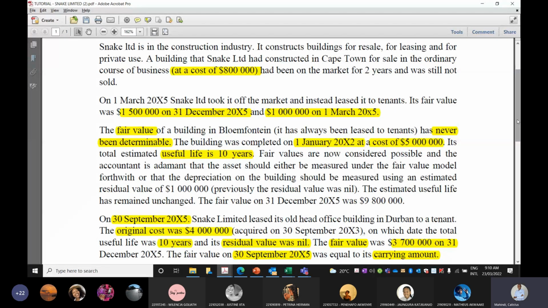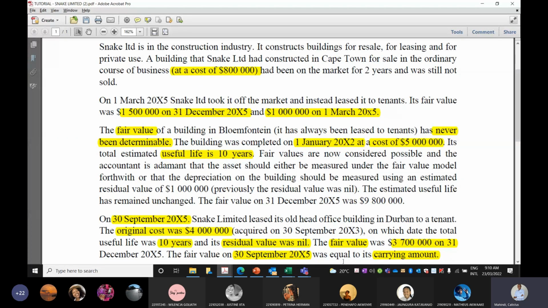Let us deal with our journal entries. What would be our journal entries on the 1st of March? Anyone? Credit inventory and debit investment property.